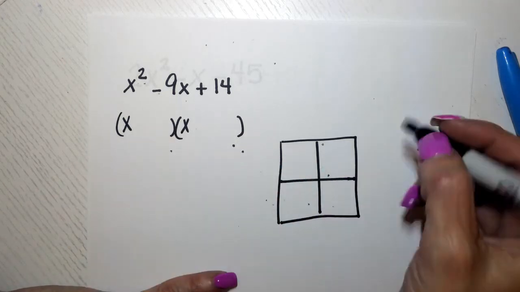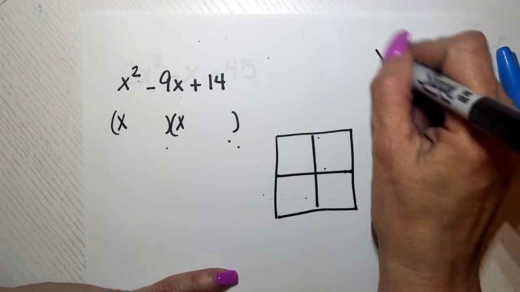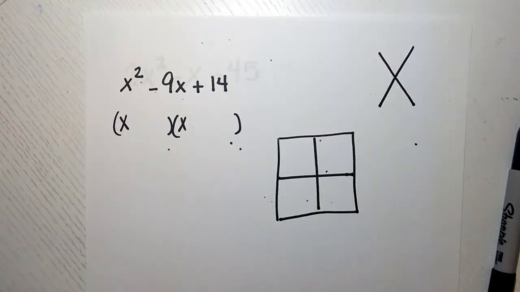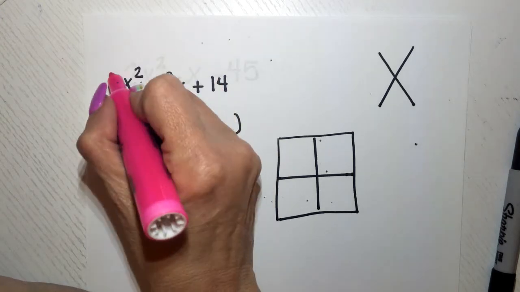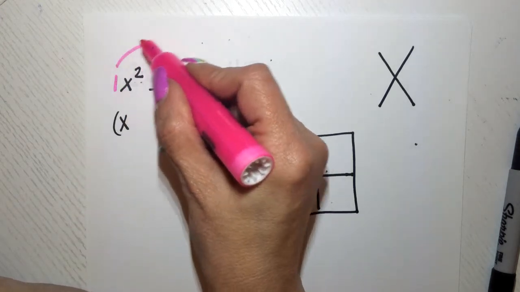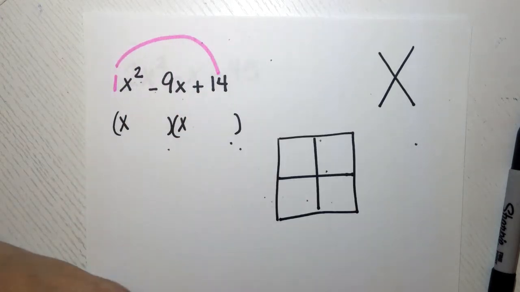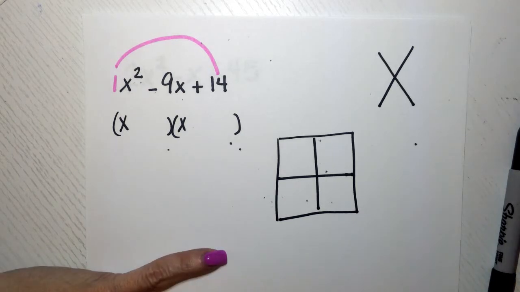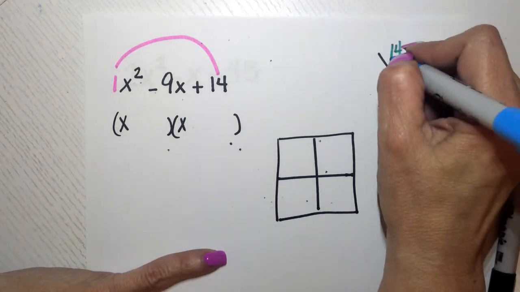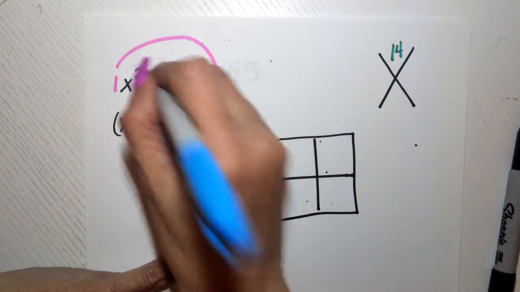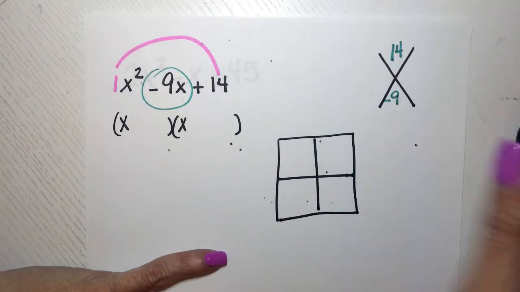That's okay. So what I do know, though, is that I need to make an X, and I need to make a rainbow. So I need to put a 1 right here, and I need to say 1 times 14, and fill in this. I'm going to do 14, and I need to multiply here to get negative 9.